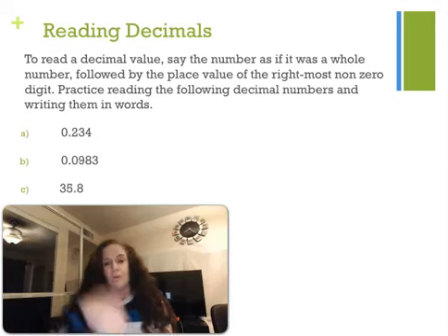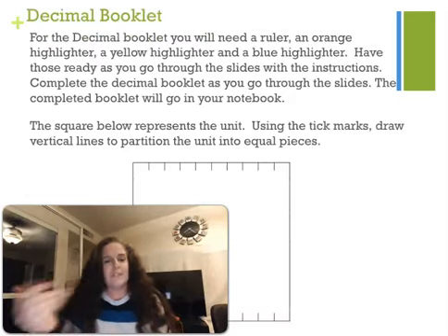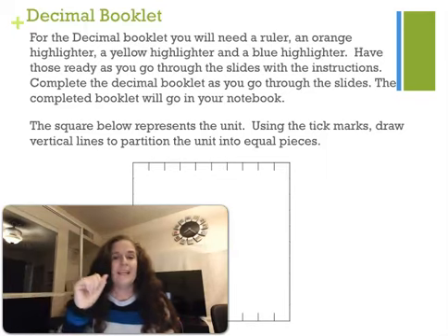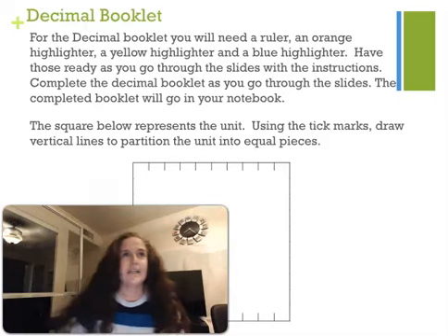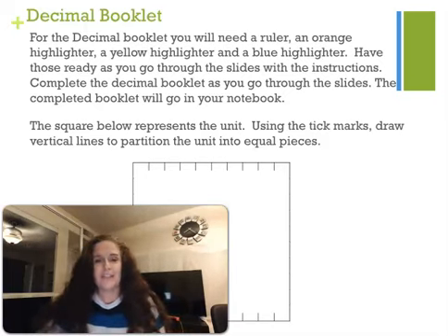When you go through this lesson, we'll practice reading, writing, speaking, all of those things. And then we're going to go through a decimal booklet. We use color coding to help us really understand the math behind it. So we're going to use orange, yellow, and blue. If you're using your iPad, you have all those at your fingertips. If you printed this out, then you would need those highlighters.